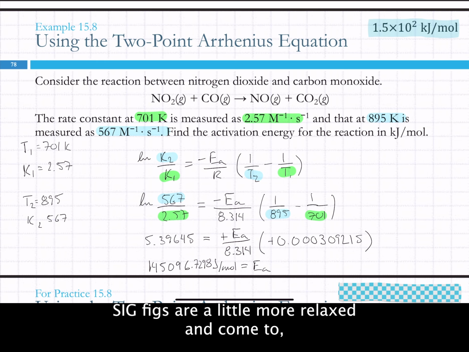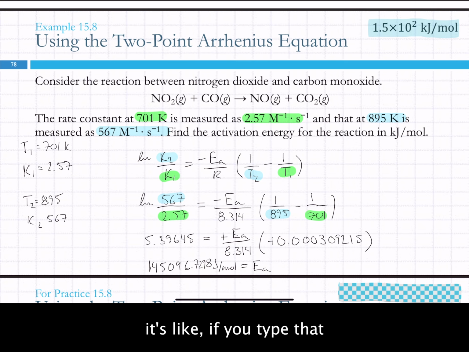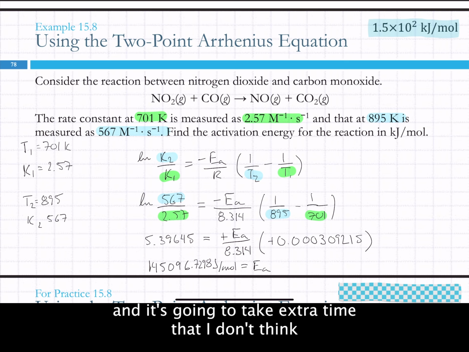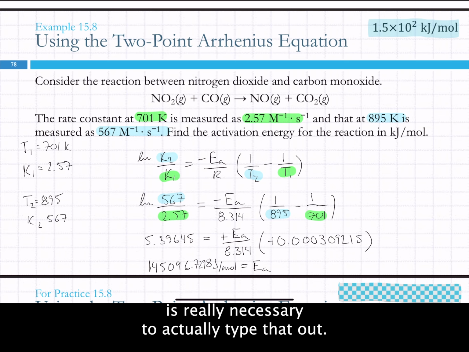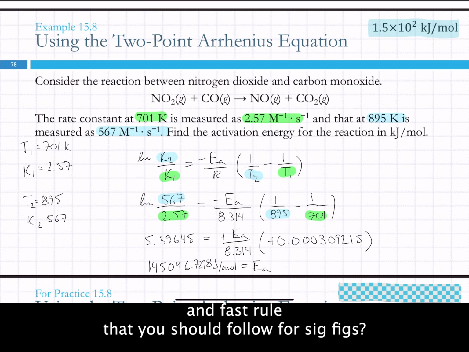Sig figs are a little more relaxed in Chem 2 because there are a lot of places where, if you type that all into your calculator, you're never going to see that. And it's going to take extra time that I don't think is really necessary. The hard thing then is, what is the hard and fast rule that you should follow for sig figs?